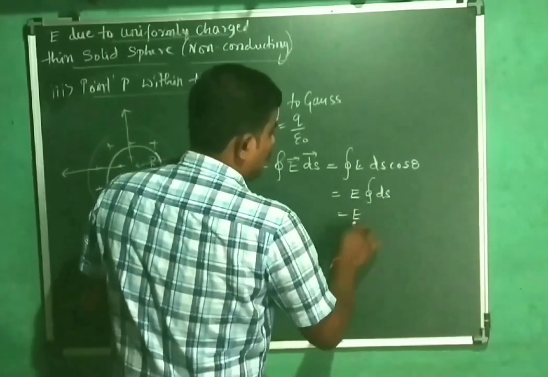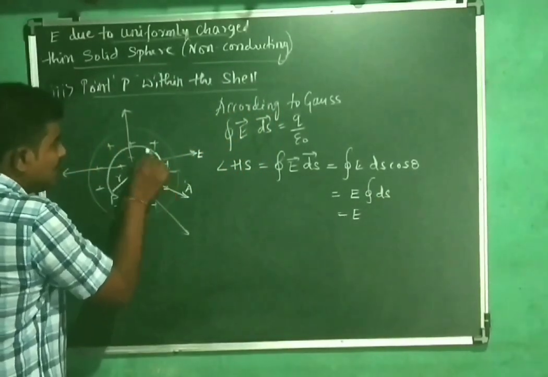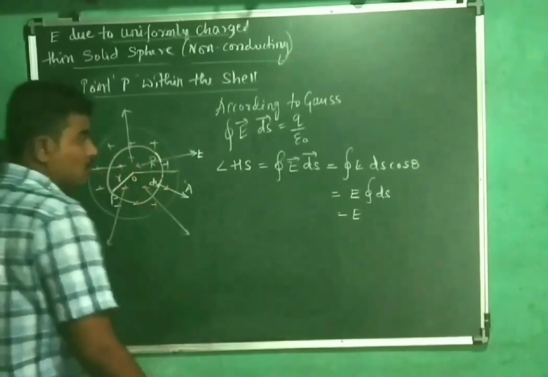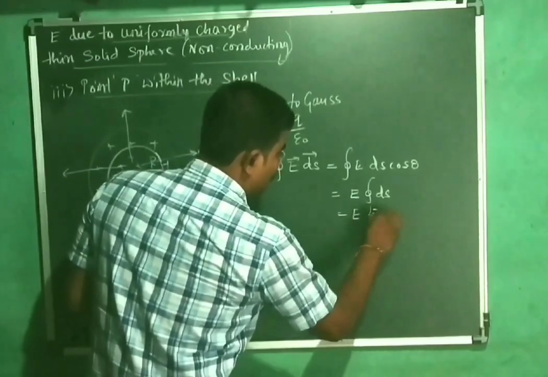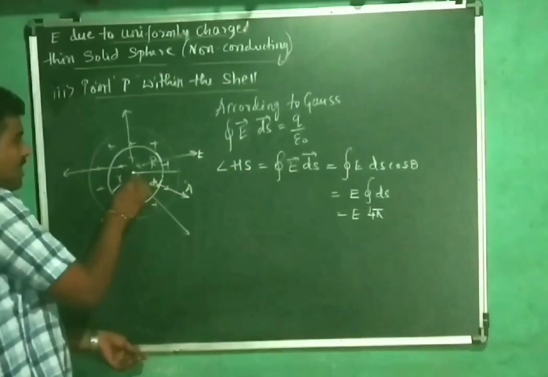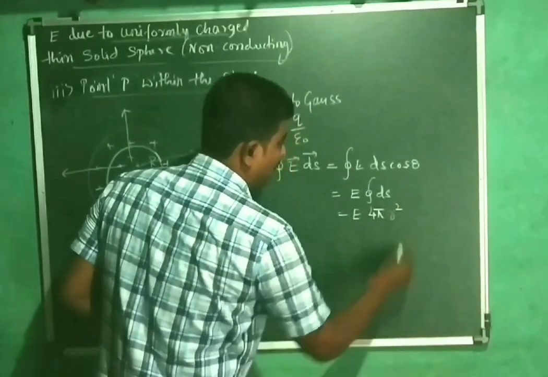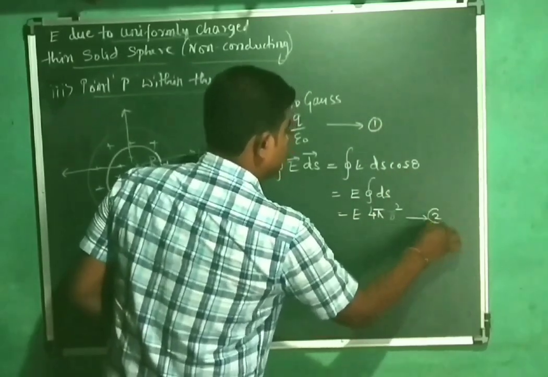If I add all these small ds's, I am going to get the total surface of the shell, and the total surface of the sphere is 4 pi r square. This is small r radius, therefore it is 4 pi r square. Let us call it equation 2.